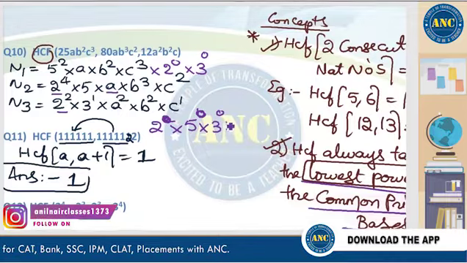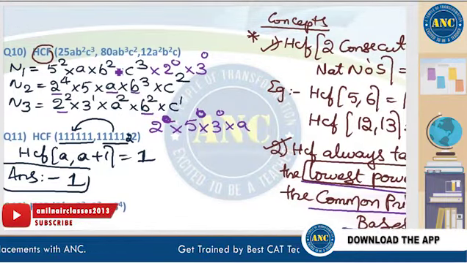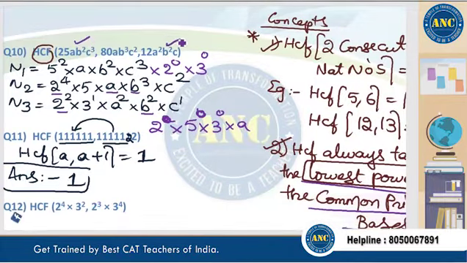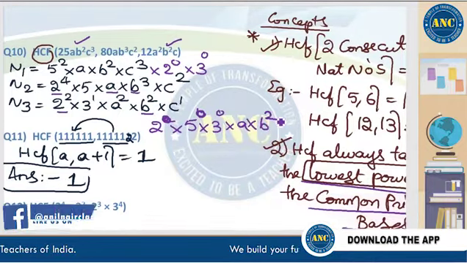A square, lowest is A. B square, B cube, B square: everywhere there is a B square, so lowest is B square.